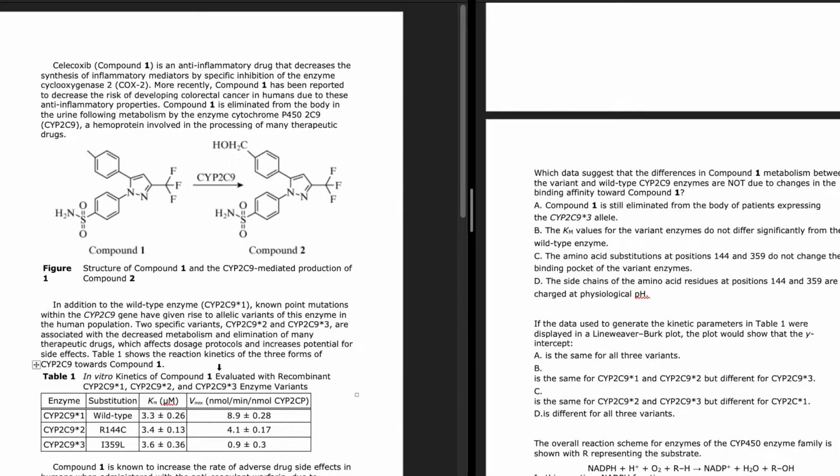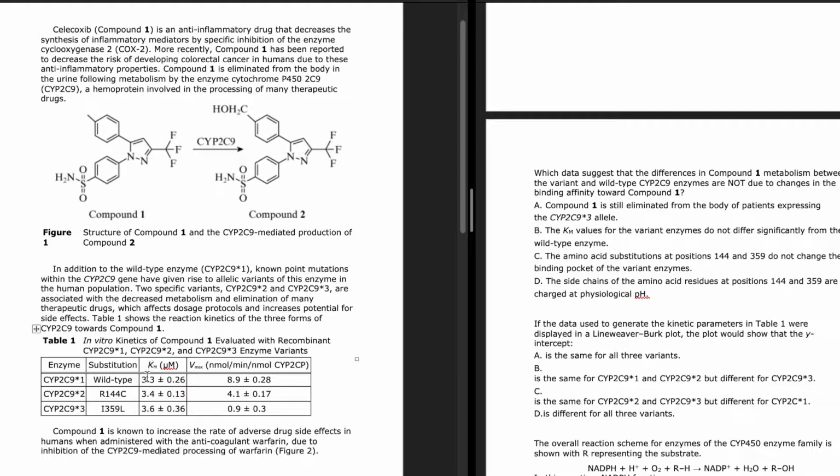So looking at table 1, if I look at Km, the Km of the wild type and the mutants, they're basically the same, right? They're about the same values and they all lie within each other's confidence interval or error bars. So now let's go through the answer choices.